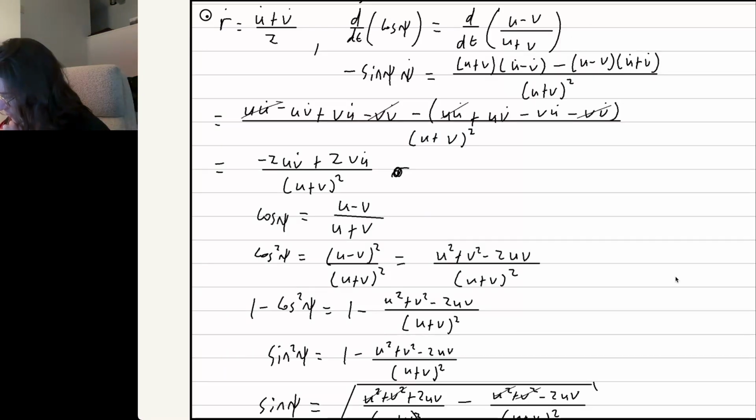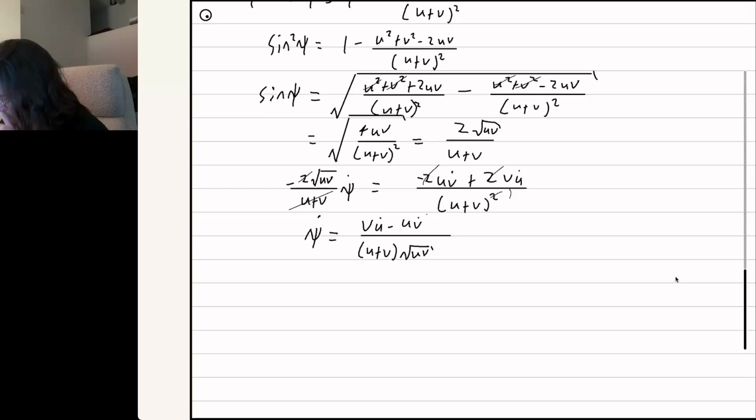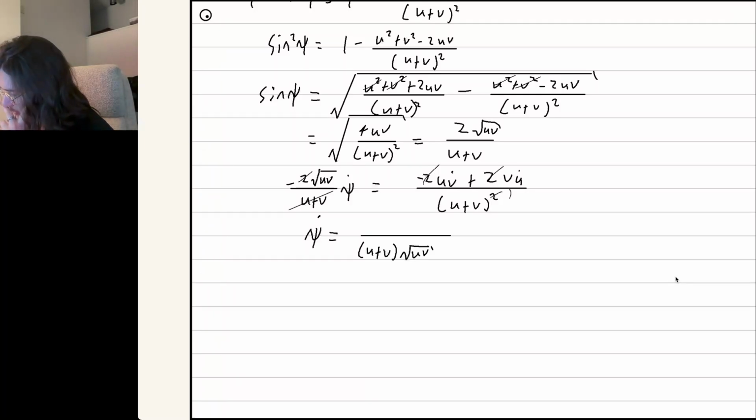I literally just wrote it wrong. After distributing the minus sign on that side, it's just going to be u v dot minus v u dot.